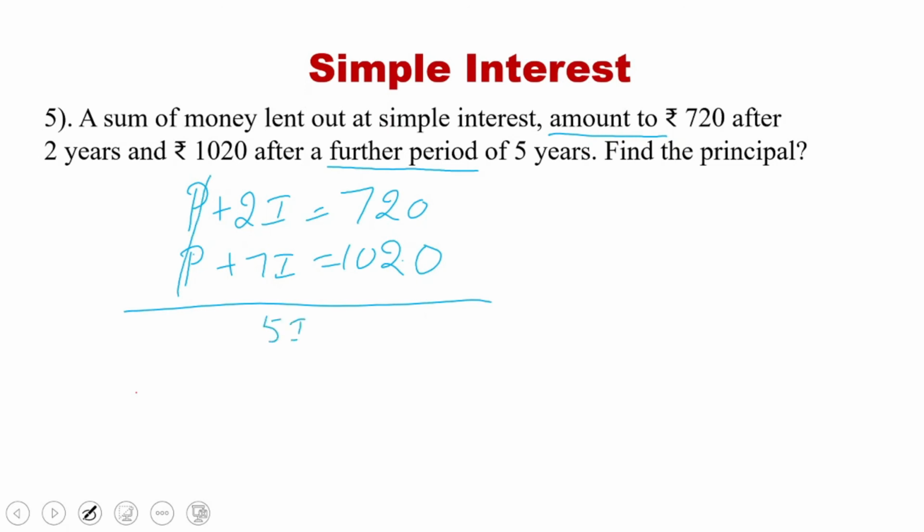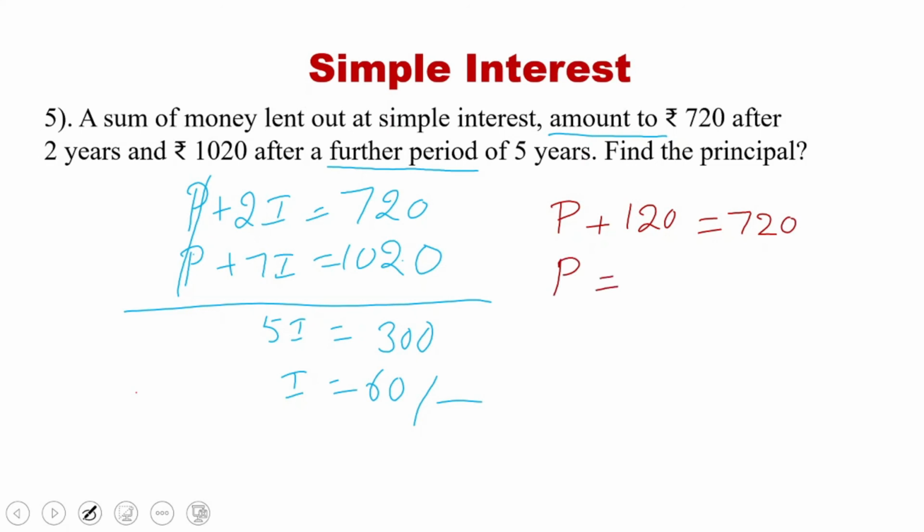Then 5I equal to how much? 300. Then I is equal to 60. Now see, to find principal, substitute the I value in the first one. P plus 2I means 120 equal to 720. Now P is equal to 720 minus 120, that equals 600 rupees.